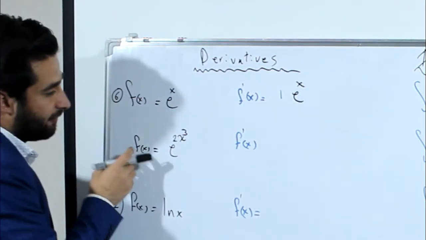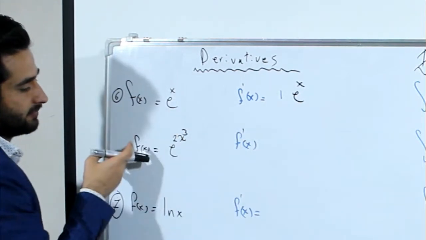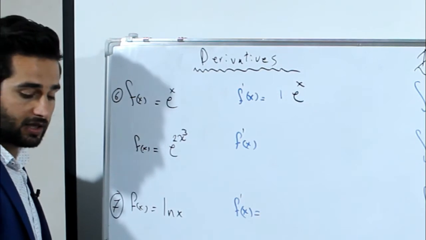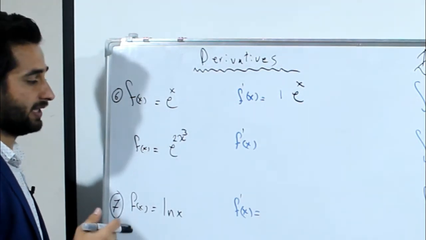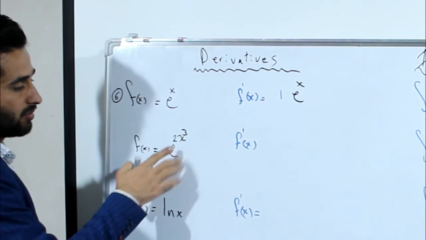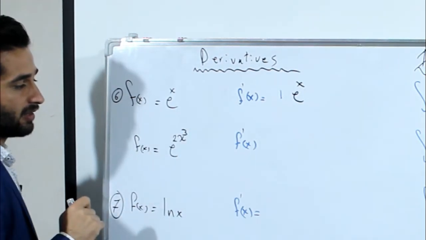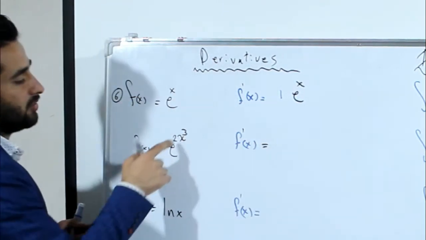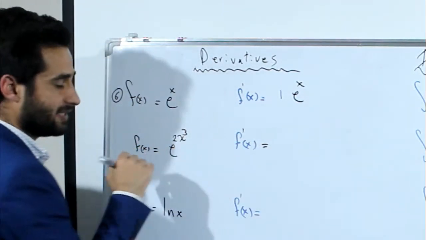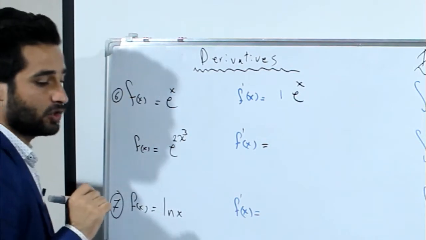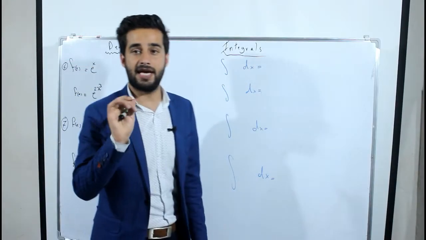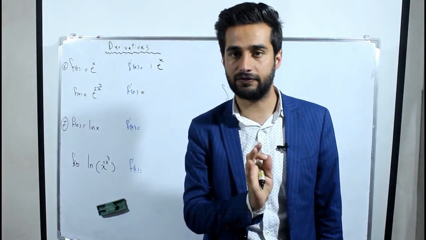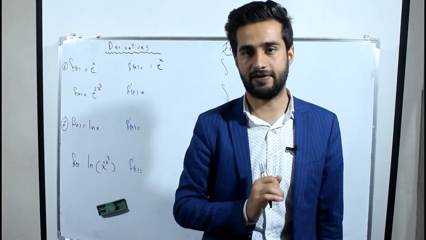But if we have a function like this, this is a complicated function, and there is e to the power of another function. So how can I find the derivative of this function, e to the power of this? Just write the same thing with its derivative. Don't forget those two words. It is itself, we can say itself with its derivative.